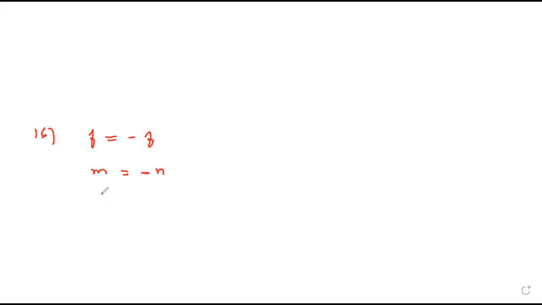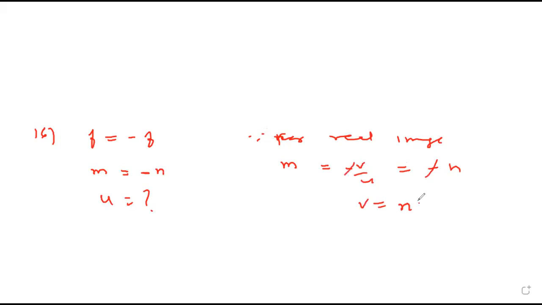What is the distance of the object from the mirror, u? Since for a real image m is minus v upon u equals minus n, therefore v equals nu.